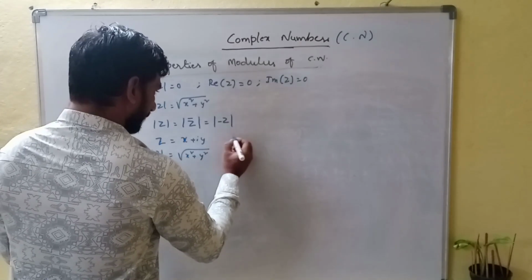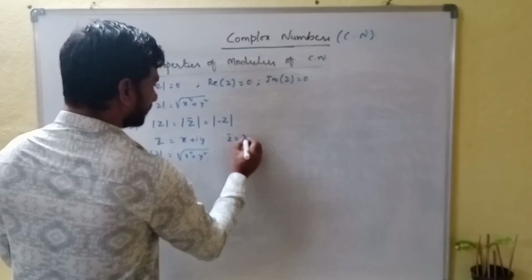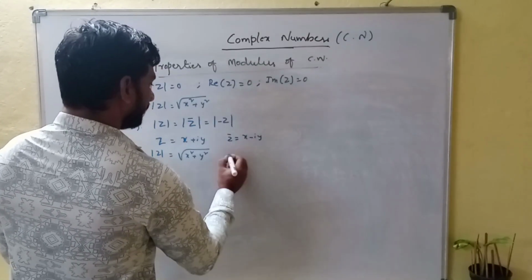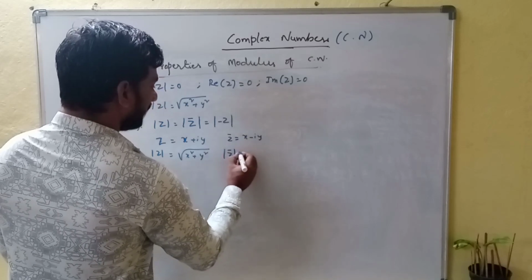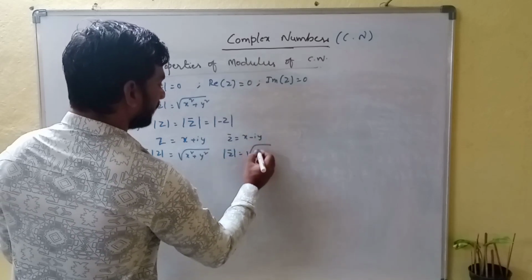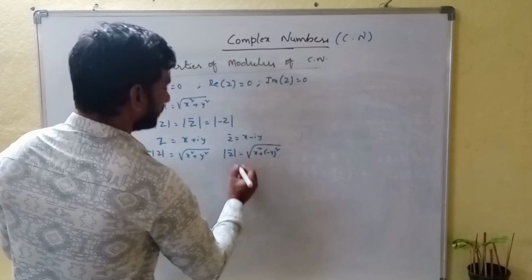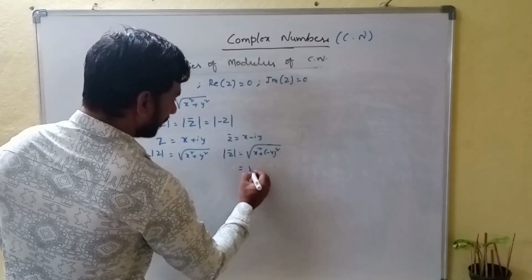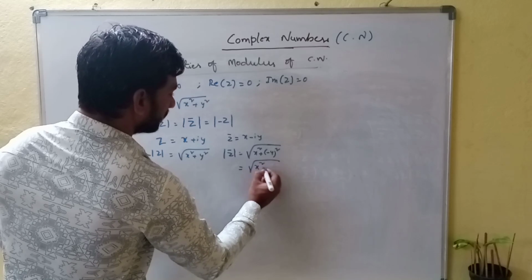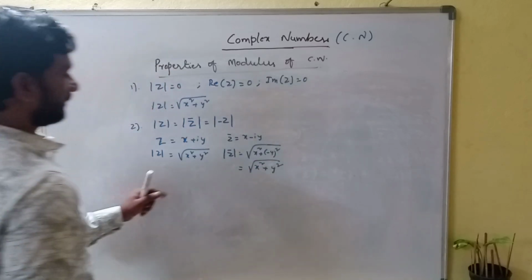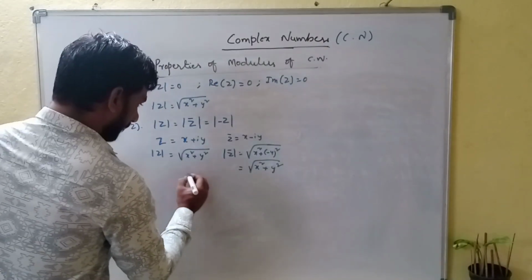Again z bar will be x minus iy. Now mod of z bar will be under root x square plus minus y whole square, so it becomes under root x square plus y square. Again, now mod of minus z.